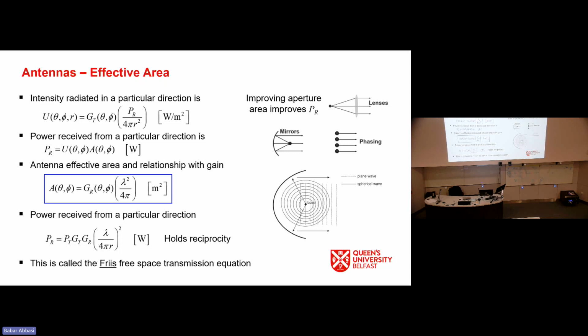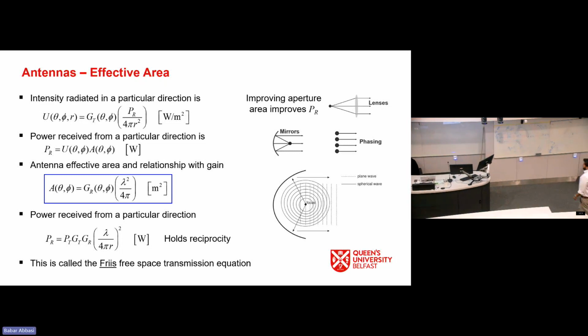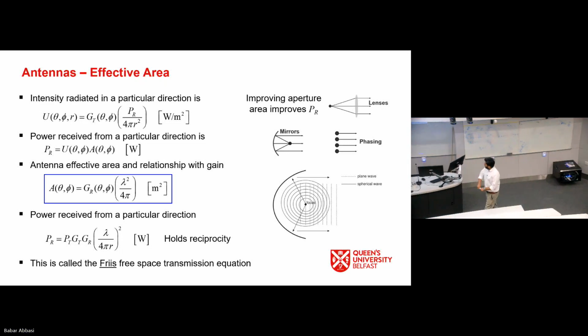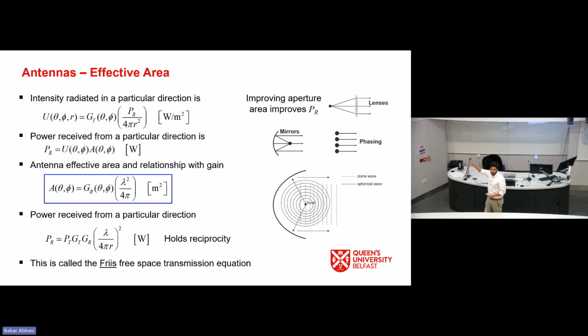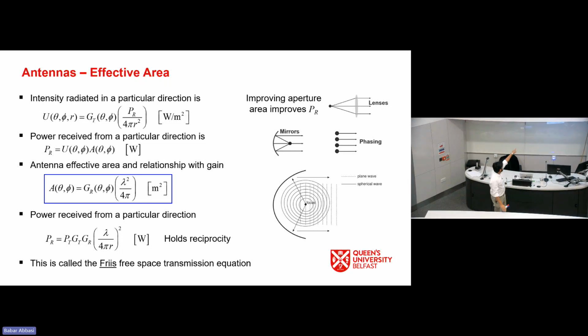What it explains is that we have very little control over some things and very high control over others. The less control is on R, the distance between receiver and transmitter. If it is huge, it is huge. We can do nothing about it.